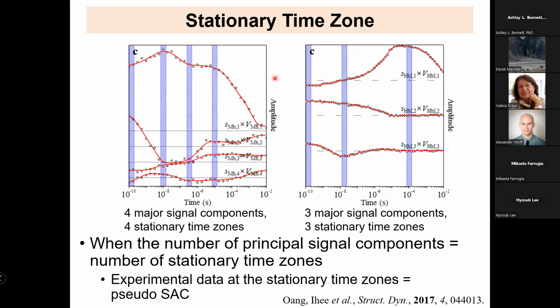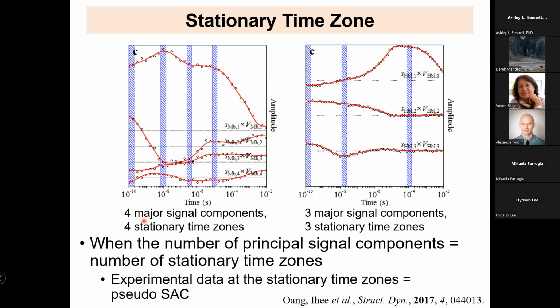It is important to note that the SAPA method is not always applicable. SAPA can be applied only when the number of significant signal components matches the number of stationary time zones. In this example for the TRXL data for myoglobin, there are 4 significant signal components, and we can find 4 stationary time zones.